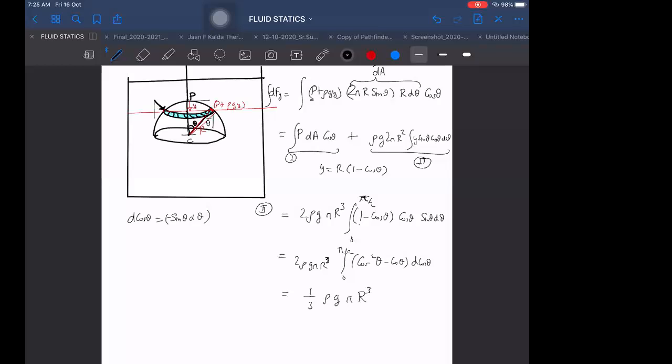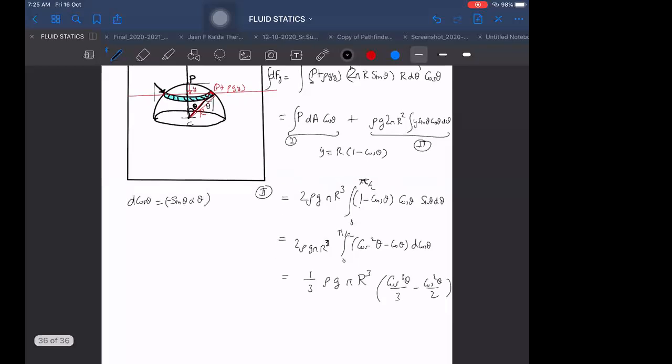Cos square theta by 2 will give us cos cube theta by 3 and cos square theta by 2. So cos cube theta by 3 minus cos square theta by 2, limits 0 to pi by 2. Pi by 2 will give us 0, and 1 by 2 minus 1 by 3 is 1 by 6. Yes, right, correct. That only we are getting.